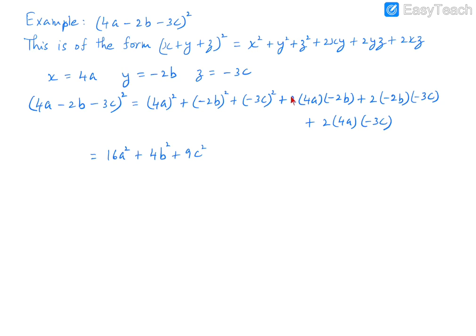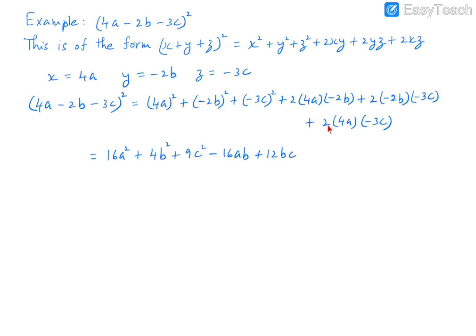And then we have 2 into 4a into minus 2b, so 2 into 4 is 8, 8 into minus 2 is minus 16, so it's minus 16ab, since plus into minus becomes minus. Then we have the next term, 2 into minus 2 is minus 4, minus 4 into minus 3 is plus 12, so plus 12bc.